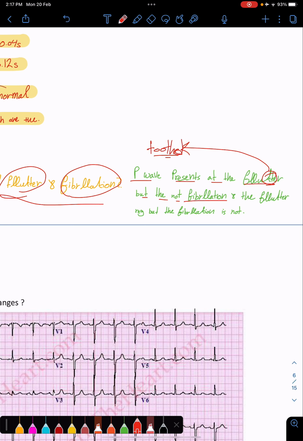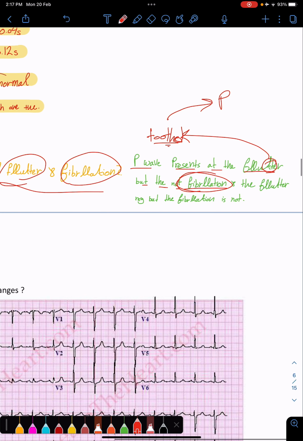That means there's going to be a P wave that takes the shape of a sawtooth appearance, and in fibrillation there are going to be no P waves. Why no P waves in fibrillation? This is the N, it means no. No P wave.